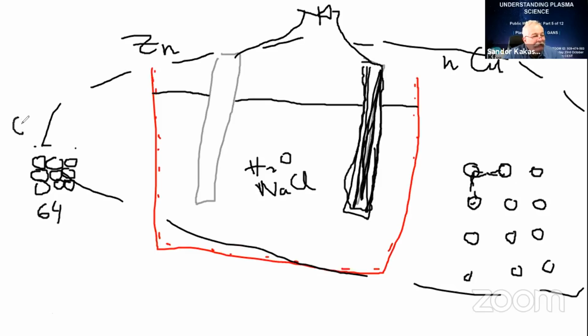Actually, copper as a metal is made of different isotopes of copper. What does isotope mean? Iso means uniform, and topos in Old Greek means position, location.